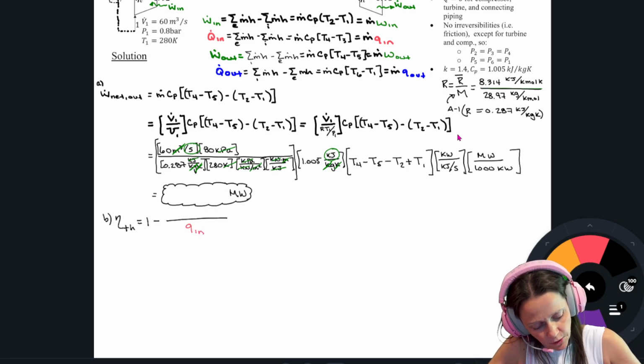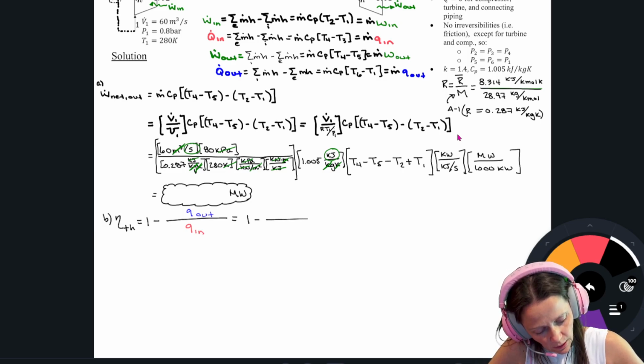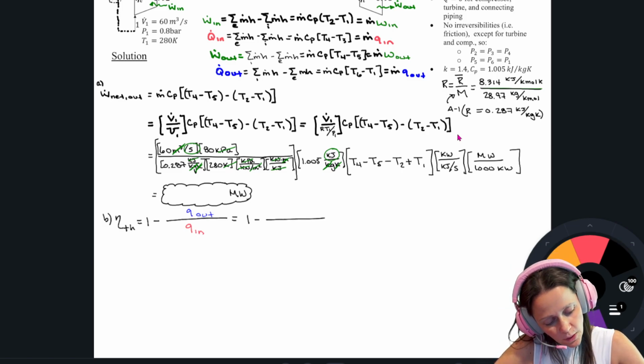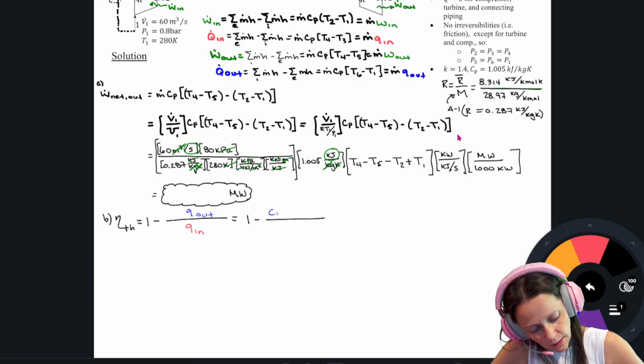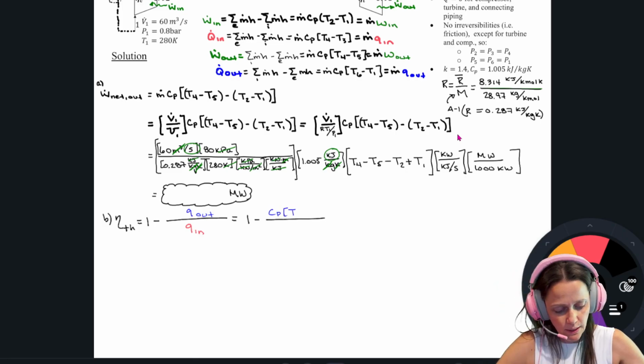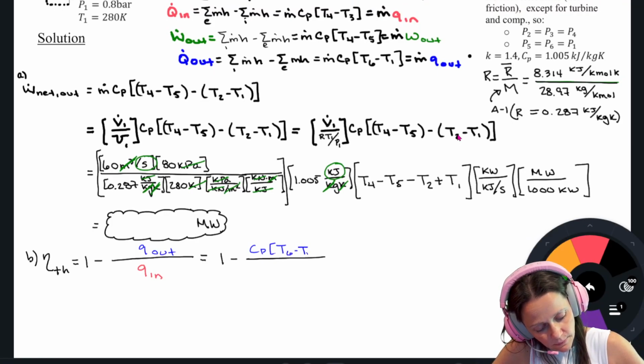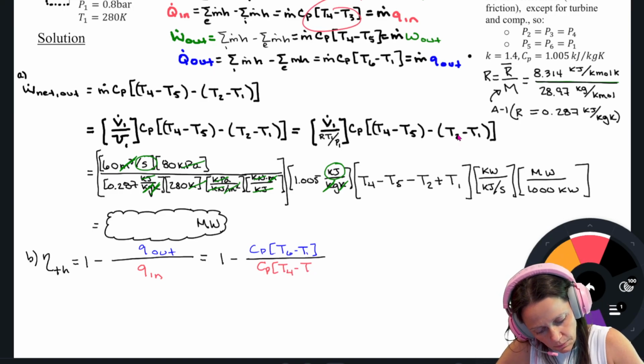I'm going to put it in terms of 1 minus Q out over Q in. I've got my equations for Q out and Q in. Q out is Cp times T6 minus T1. Q in is Cp times T4 minus T3.